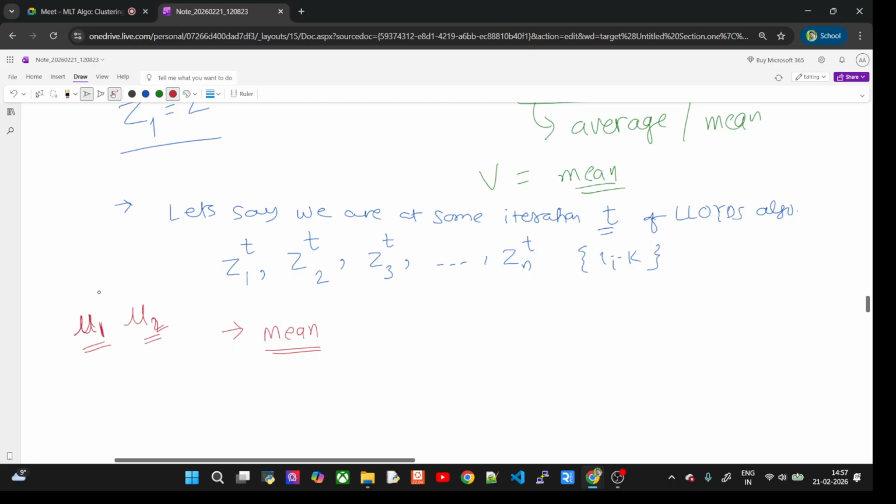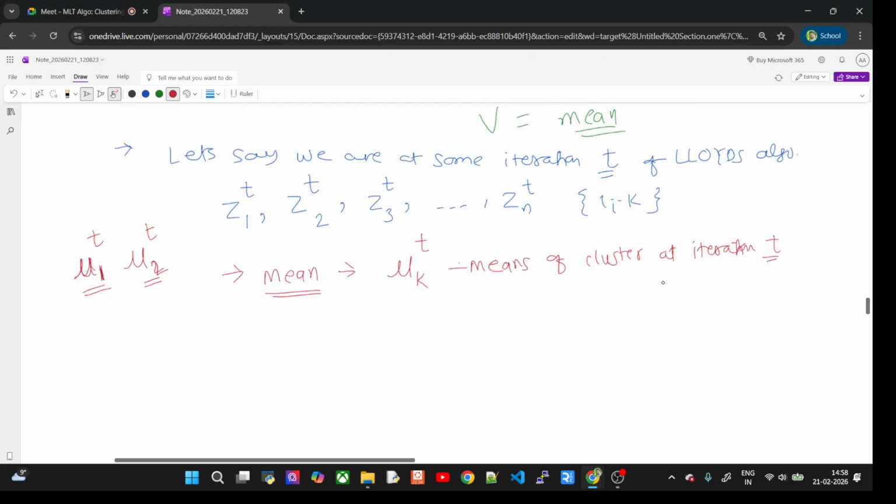So the mean is mu of k, where k is 1 or 2, at iteration t. These are the means of the clusters at iteration t.